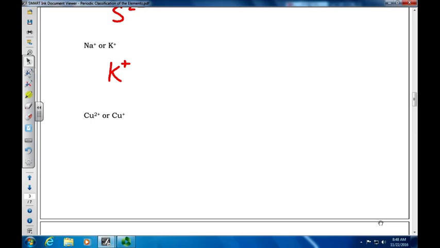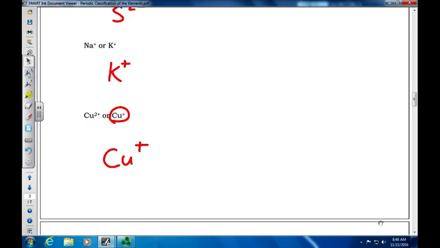From thinking about that for a second, you'll quickly realize that your copper 1 is going to be larger than your copper 2, because copper 1 has one more electron than copper 2. So the electron cloud is slightly larger. So copper 1 is going to be our larger ion. And that's all there is to it.